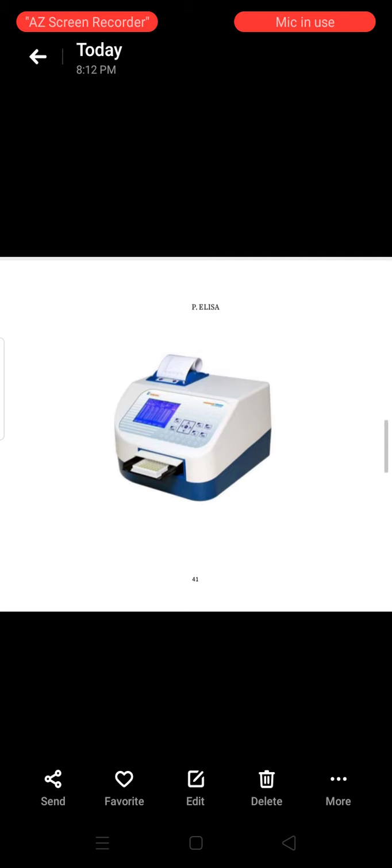A mixture of purified HCG linked to an enzyme and the test sample, a blood or urine sample, are added to the test system. If no HCG is present in the test sample, then only HCG with linked enzyme will bind.